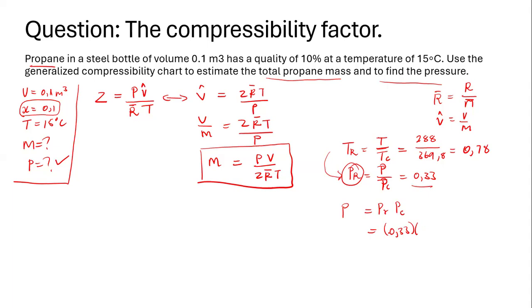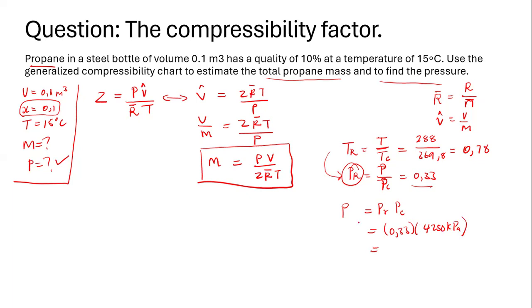We'll use kilopascals, okay? So remember, when we convert megapascals to kilopascals, we multiply by 1,000. So 4.25 multiplied by 1,000 gives 4,250 kilopascals.